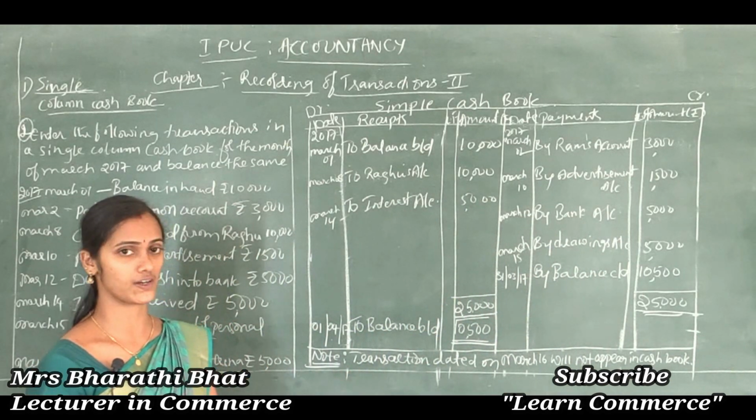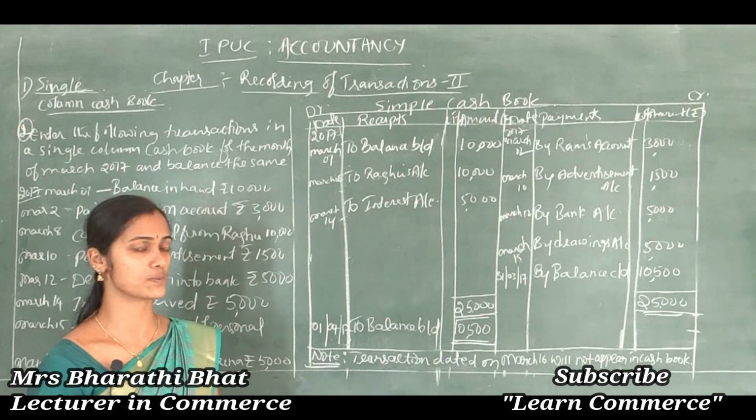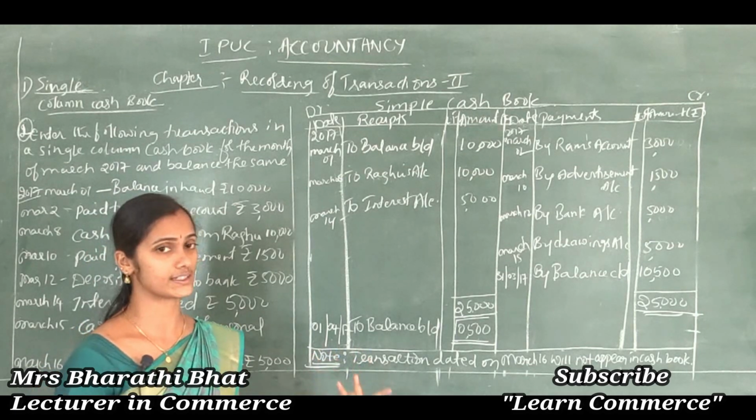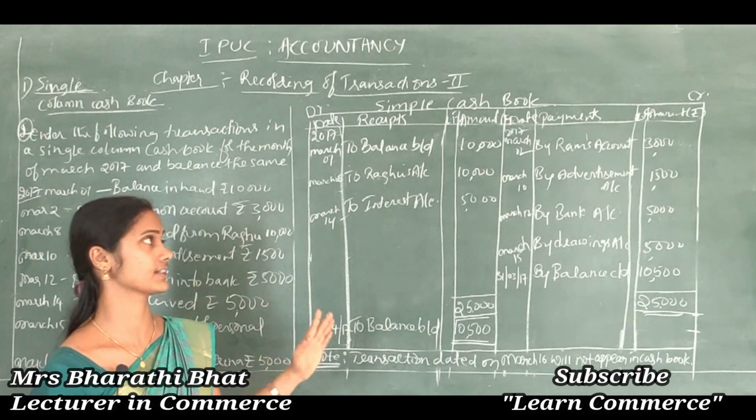That's why we cannot record this transaction in the simple column cash book or double column cash book. We cannot record a credit transaction in the cash book. We can record only cash transactions in the cash book.